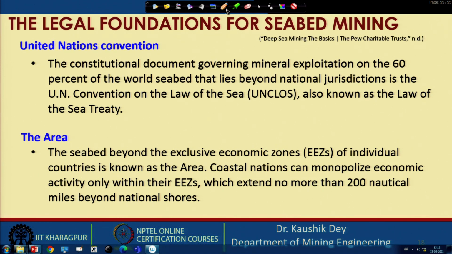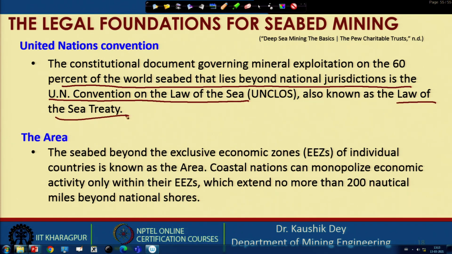So, 60% of the world seabed lies beyond national jurisdictions and comes under the law of the sea, known as the Law of the Sea Treaty, and economic zones, which we have already discussed, are considered, which are not more than 200 nautical miles. So, this is the continental shelf.